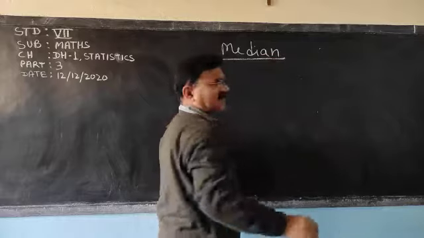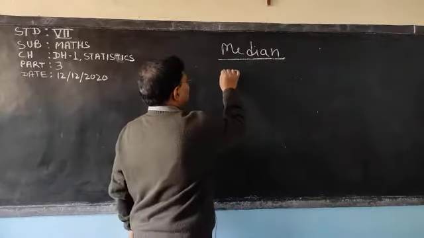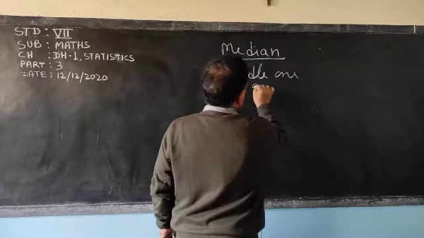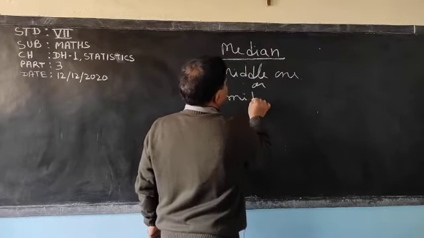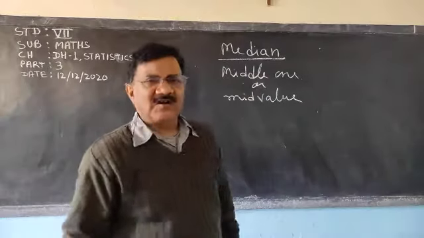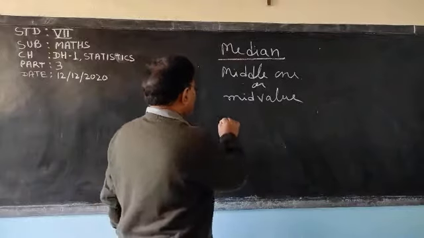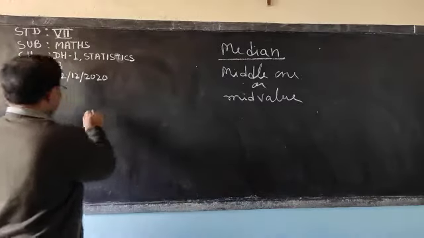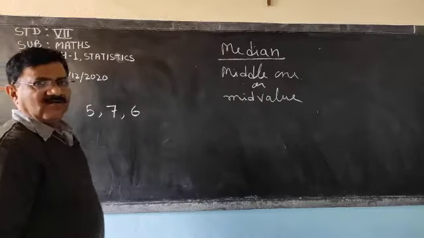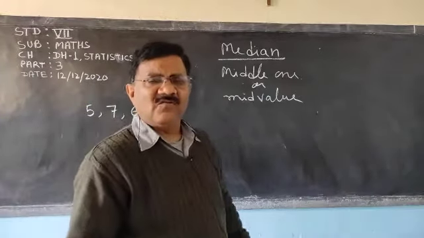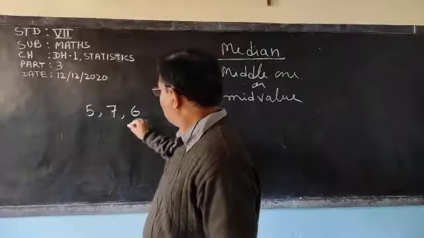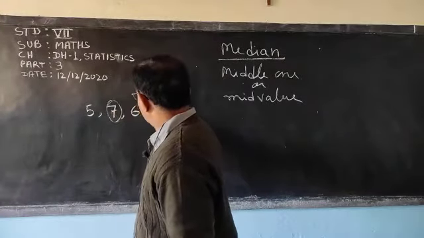Median means what? Mid value, middle one, or mid value. Very clear or not? If I am writing 5, 7, 6, what is the mid value? Which is in the middle? Don't say 7, it will be wrong.